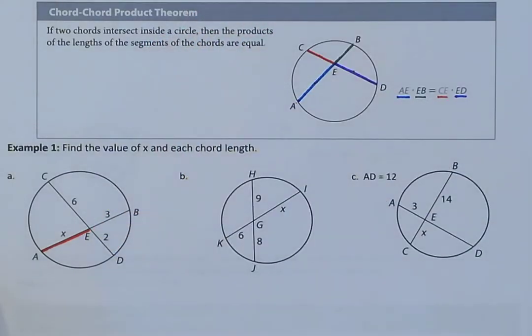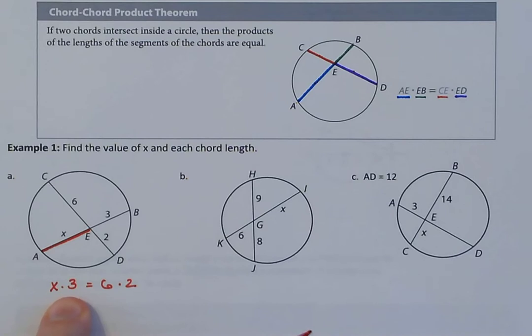So if I set that all up, it is going to be x times 3 equals 6 times 2. So you're going to multiply the two segments from each chord and set it equal to the two segments multiplied for the other chord. So we have x times 3 equals 6 times 2. So all we have to do is just go through and solve for this problem.